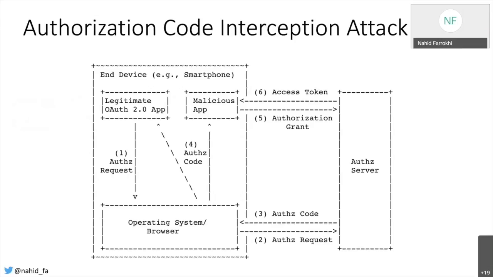As you see on the screen, in this smartphone, it is possible to register a malicious app alongside the honest app and just receive the authorization code and then try to exchange it for the access token, because there is no secret involved as well. So this is for public clients.